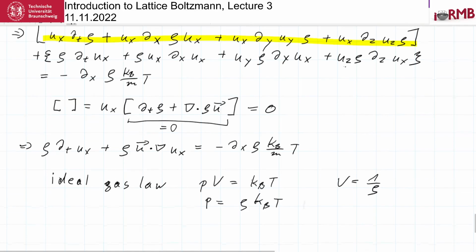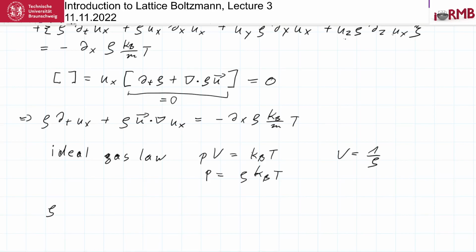And if we put this into the above equation, we get rho times dt u plus u dx u, so the advection operator on u, is equal to minus, so we have here still the particle mass. This is here because our density that we are using is the particle density. So we have to scale this by 1 over m dx of p.